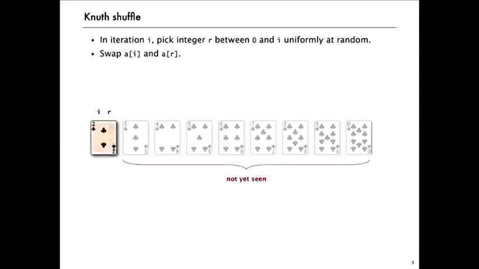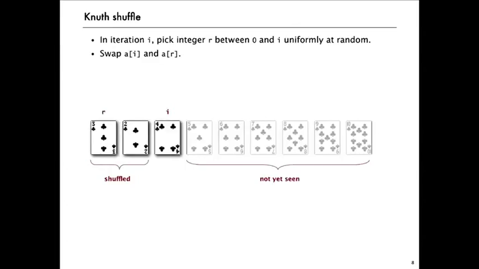So let's look. At the beginning, we don't do anything. We just swap it with itself. Now with I equals 2, or I pointing to the second card, we generate a random integer between 0 and I. In this case, it's the one to the left, and we swap those.